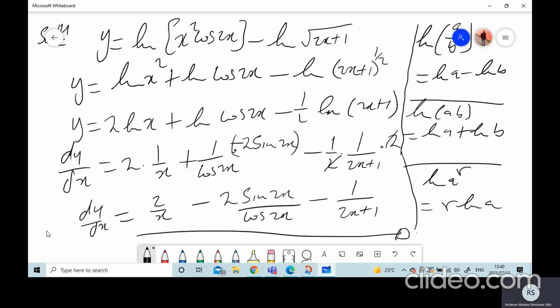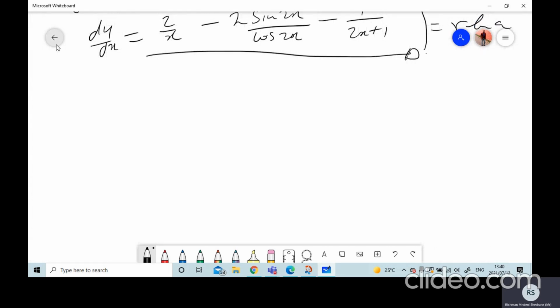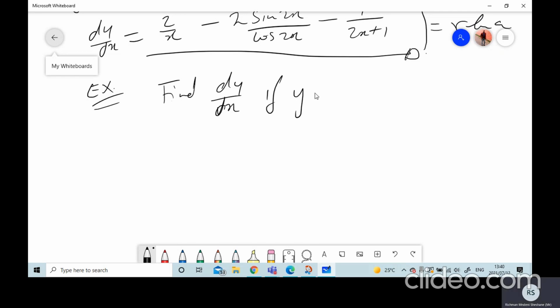I want you to try this as an exercise. I'll give you a hint here. Try this as exercise. Find dy dx if my function y is equal to e to the x times ln x times sine of 2x plus 3.